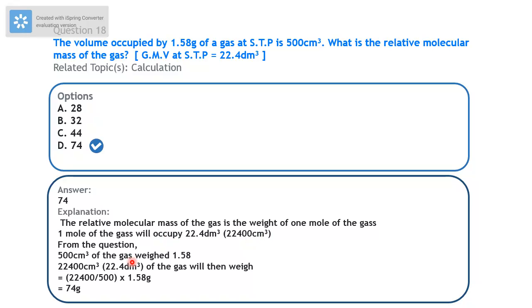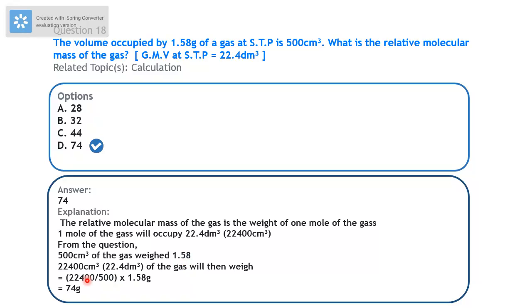Now from the question, 500 cm cube of this gas weighs 1.58 gram. So we want to know what will be the weight of 22,400 cm cube. So how do we do that? We simply divide this volume by that 500 and multiply it by this weight here.